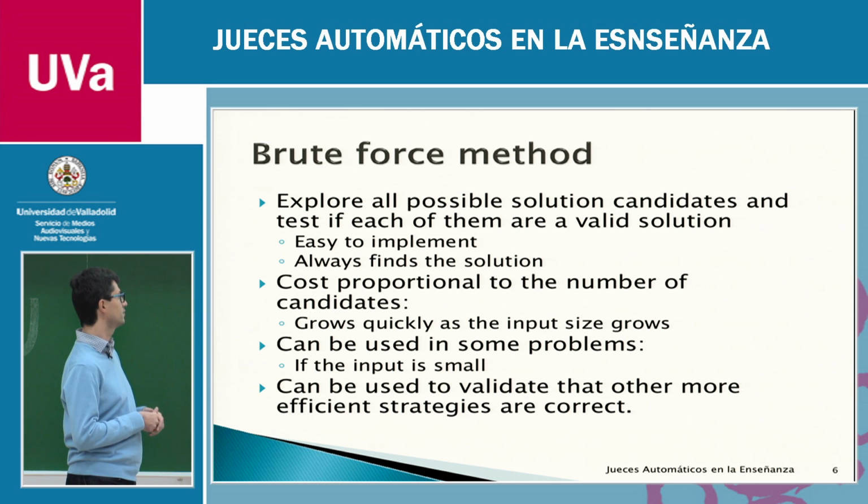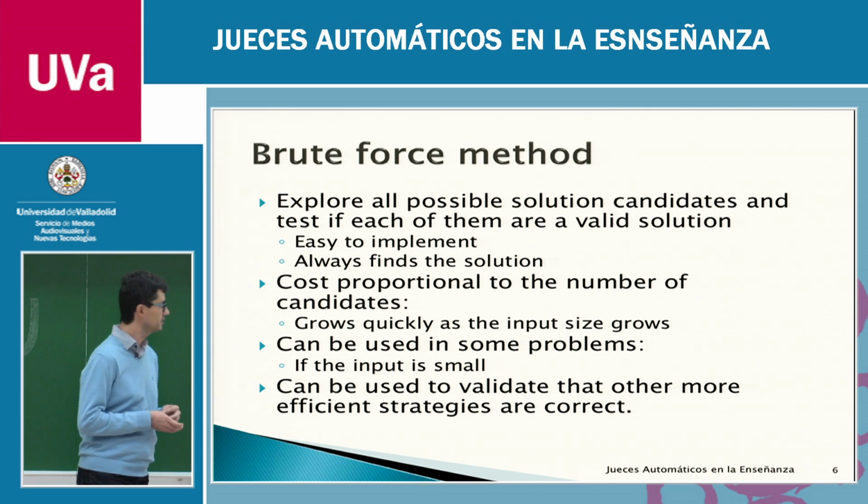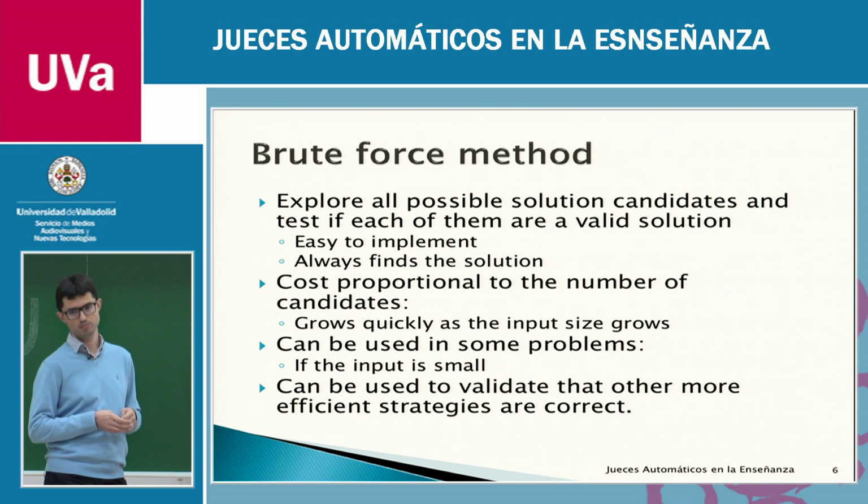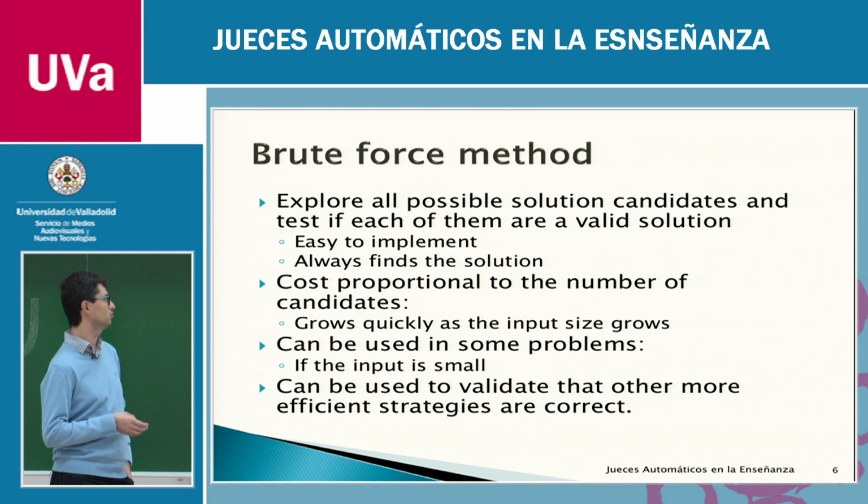But the drawback of this method is that it takes a lot of time. It has a cost that is proportional to the number of candidates, so it usually grows very quickly as the size of the input grows.